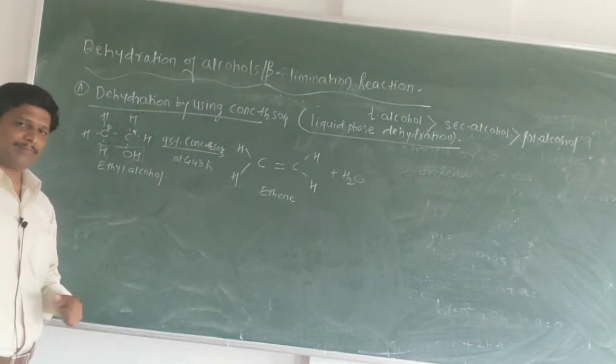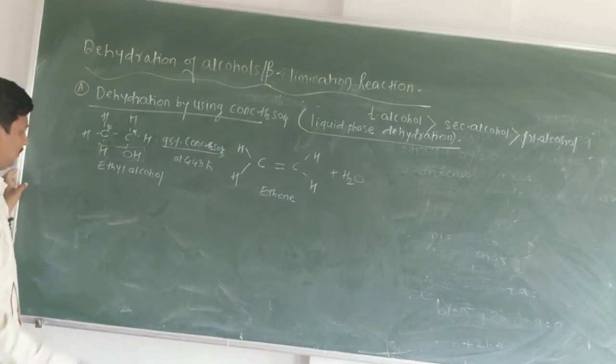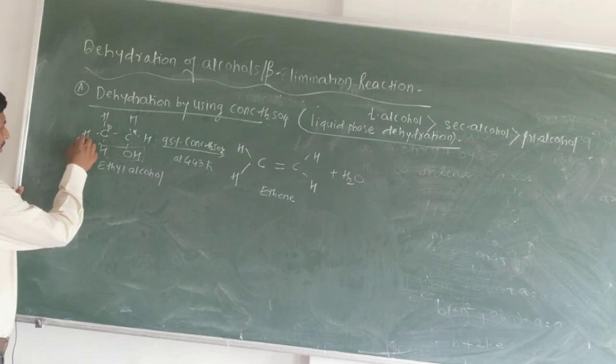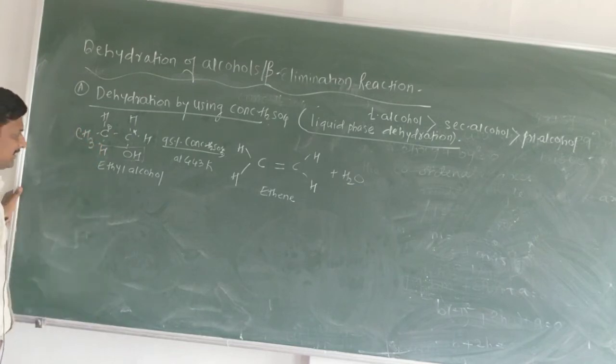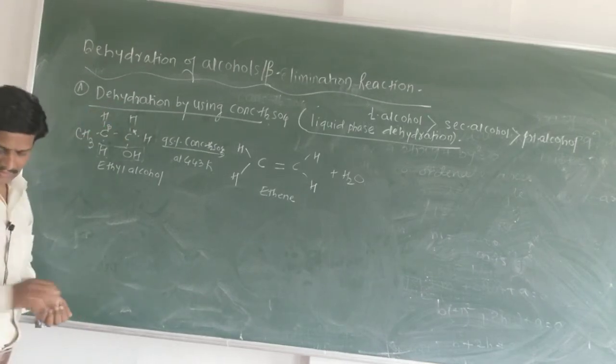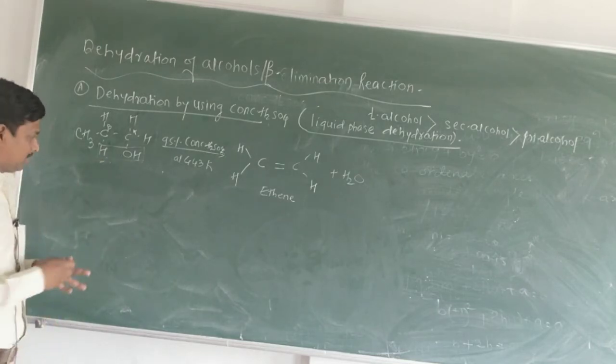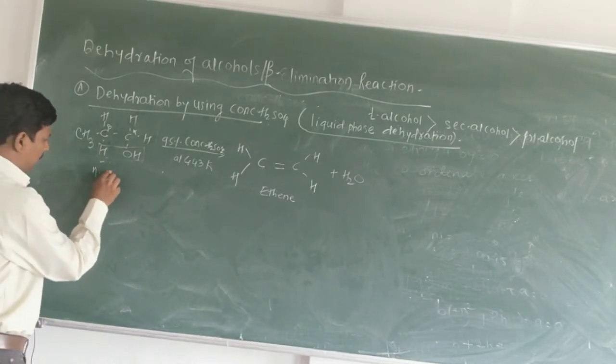Now in the same example, I would like to take a second example, with a small change. In place of this H, when I take a CH3 group, then CH3, CH2, CH2OH becomes N-propyl alcohol.